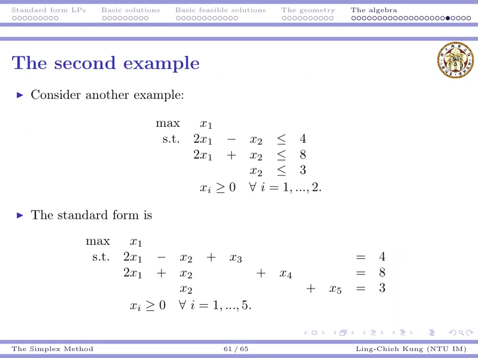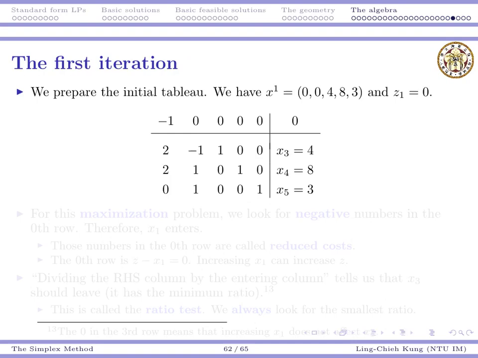To enhance your understanding, let's consider another example very quickly. Now we have 3 constraints with again 2 variables, but now we have 3 slack variables to make the standard form. Our initial tableau is here. We still have 2 non-basic variables and 3 basic variables.